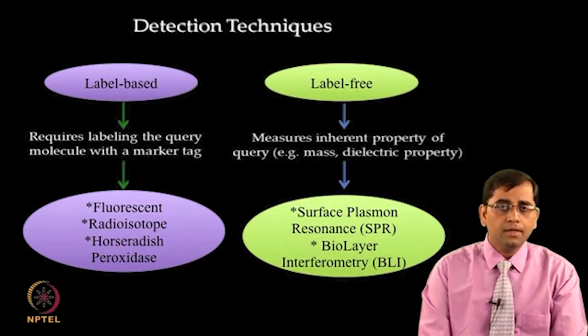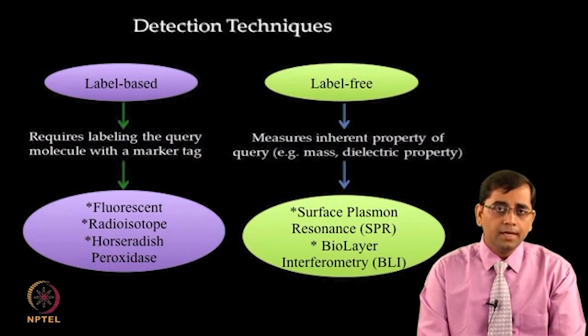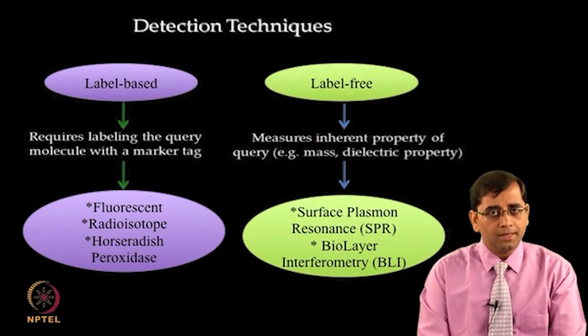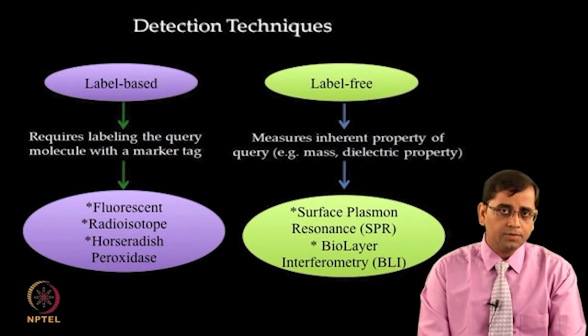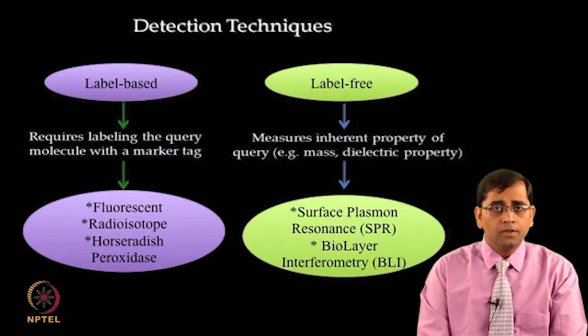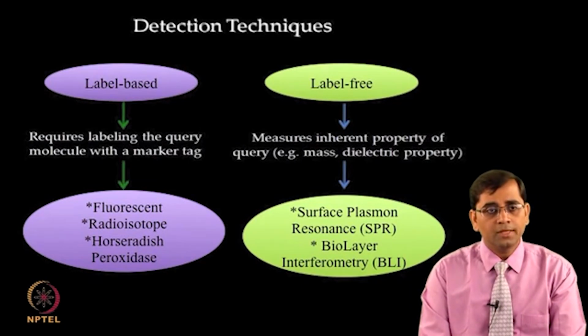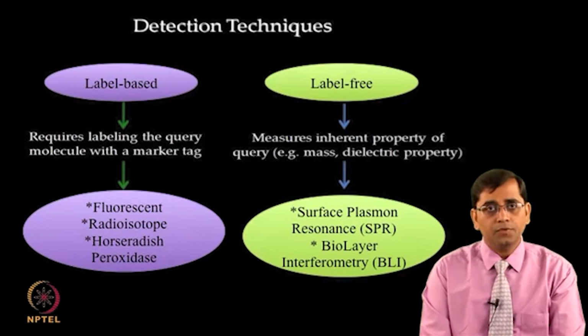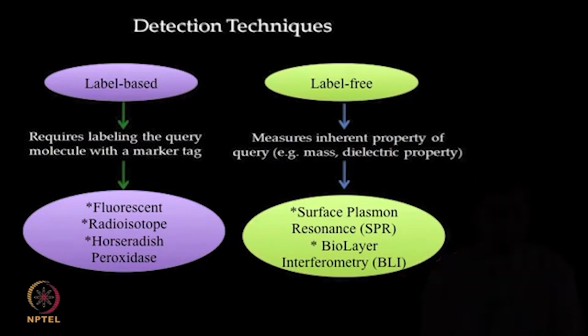On the other hand, label-free techniques measure the inherent property of the query molecules, for example, the mass, dielectric property, etc. There are various label-free techniques that are emerging and some of the most promising ones include SPR, BLI and carbon nanotubes and different types of nanotechnique based biosensors. Let us discuss some of the strengths and limitations of label-based and label-free methods.